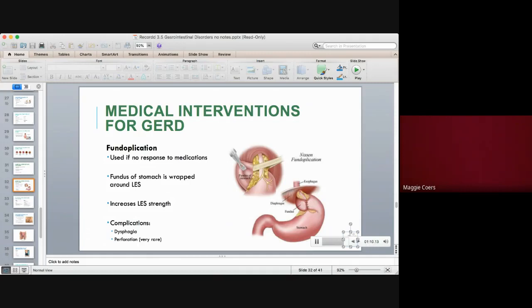That's a perforation. This will occur usually immediately post-op. It is very rare. Okay, so it won't happen if the patient's had this procedure. That perforation won't happen like 30 years down the road.